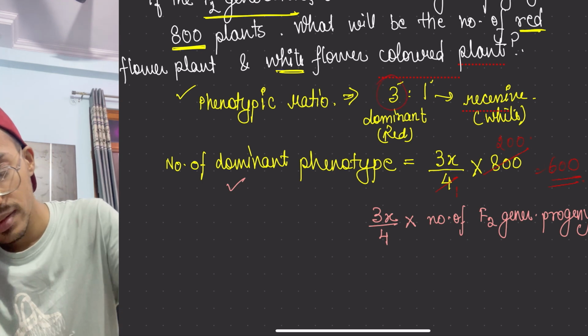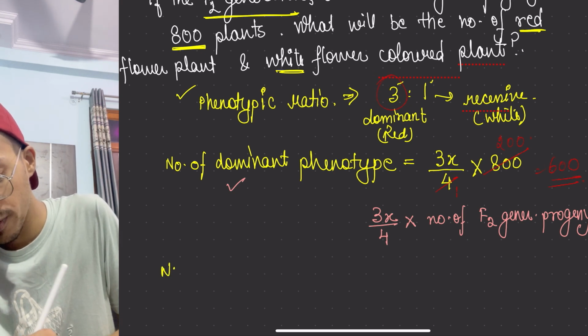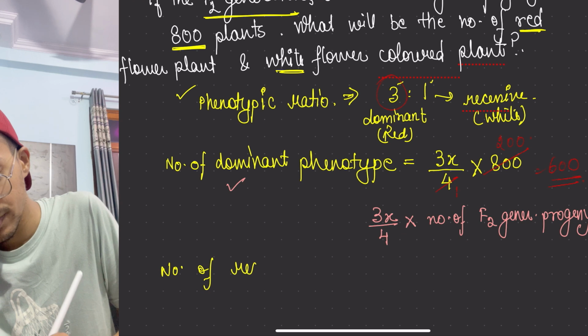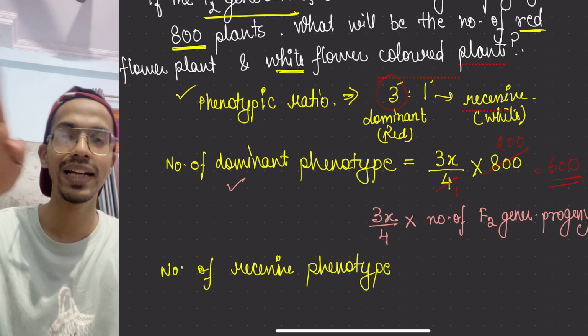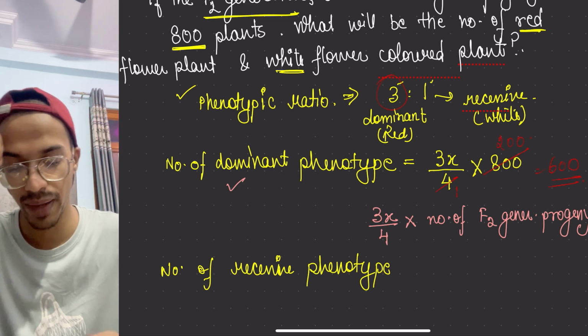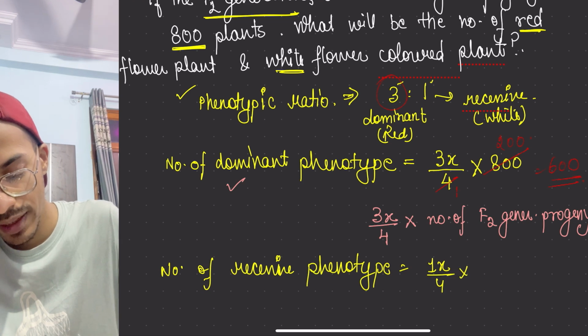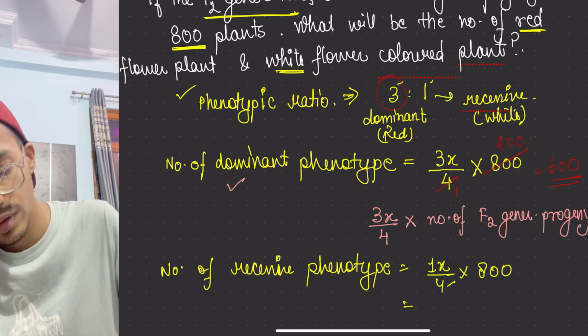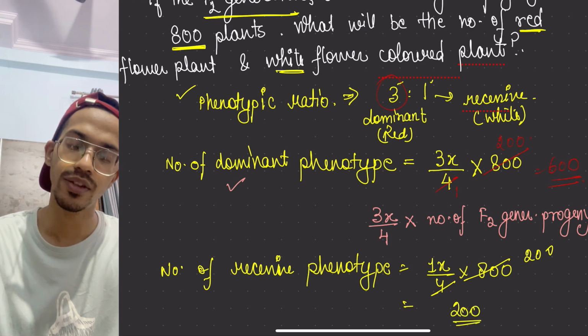And then comes the number of recessive phenotype. You can use the formula directly, or you can do 800 minus 600, the total minus the dominant. That is 1x upon 4 times 800, which cuts to 200, so 200 would be the recessive progeny.